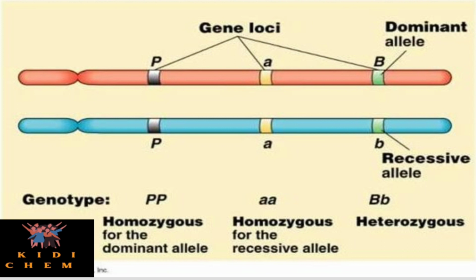Homozygous condition will be when capital P is there, which is a pair of dominant alleles. Homozygous condition is also there when small a is there, which is a pair of recessive alleles. And heterozygous is the condition when capital B and small b are in a pair.